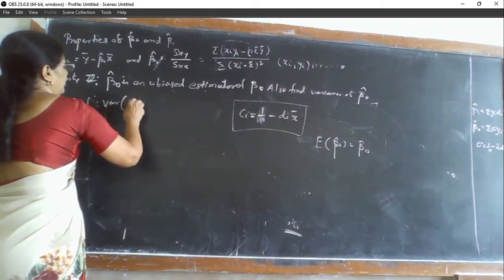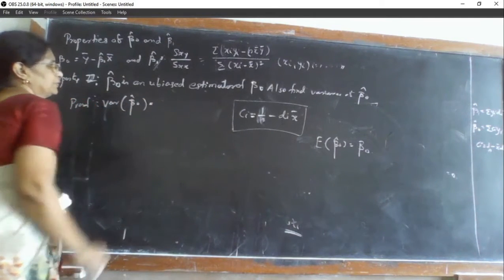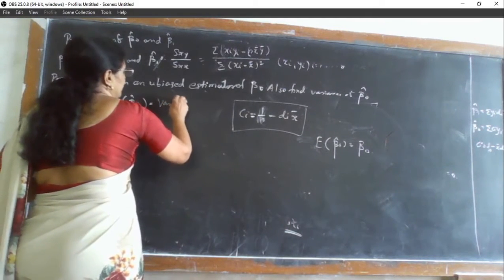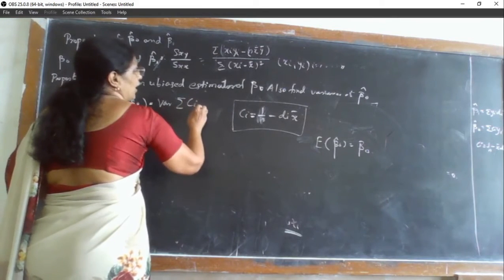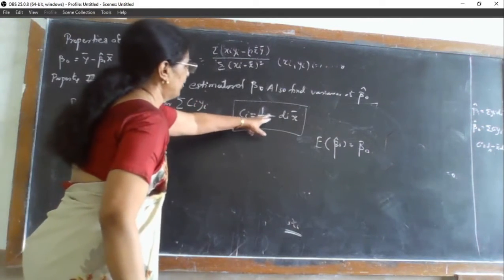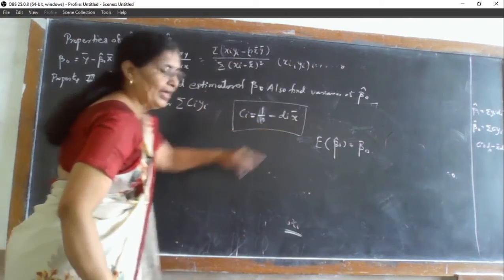Variance of beta naught cap is equal to variance of summation of Ci into Yi. Okay, and your Ci is 1 upon n minus di into x bar.